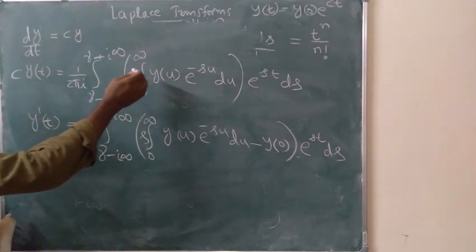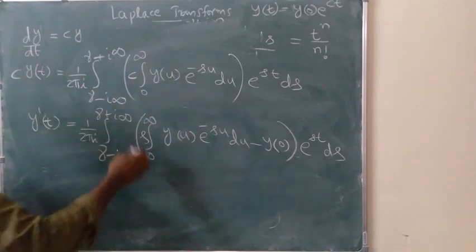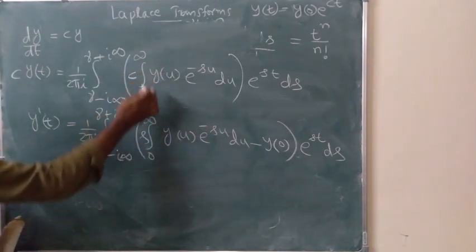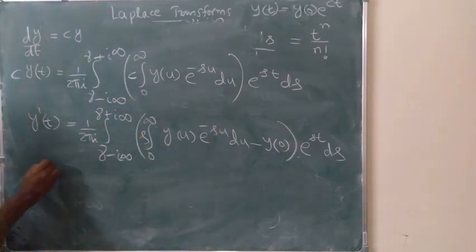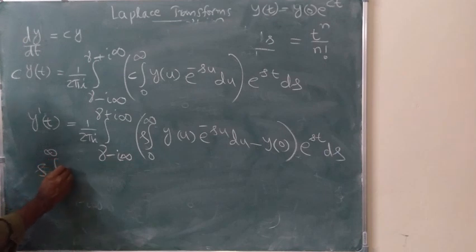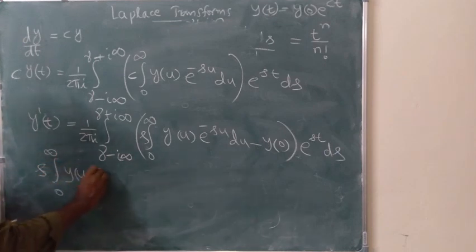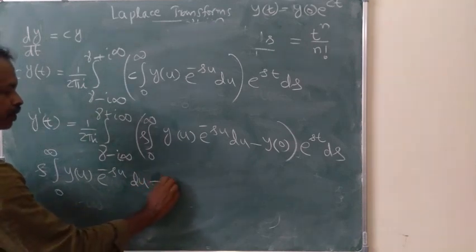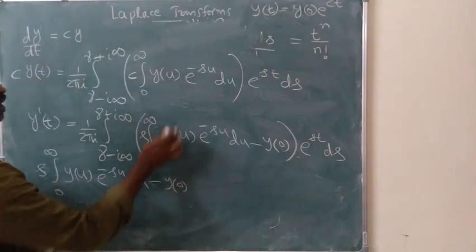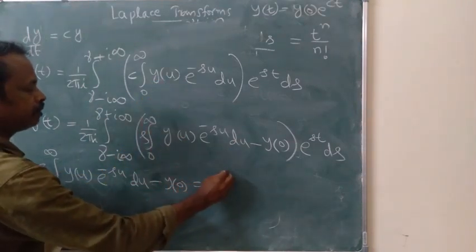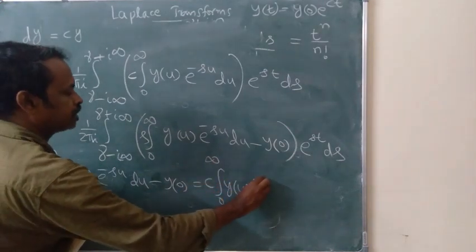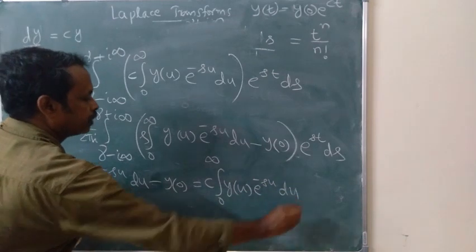That comparison gives, assuming some uniqueness here, we can compare these two terms and say that these two are equal. So we will write that integral 0 to infinity y of u e to the power minus su du, equal to minus y of 0, this term, is equal to c times integral 0 to infinity y of u e to the power minus su du.